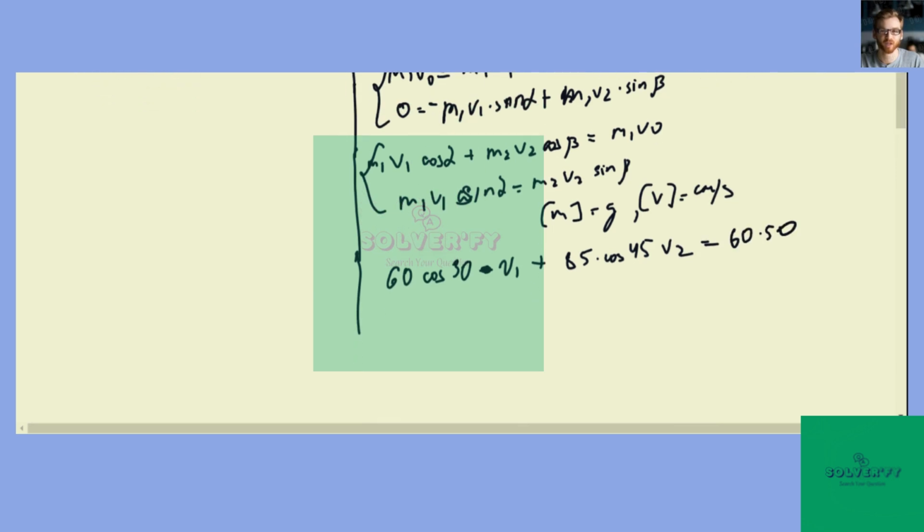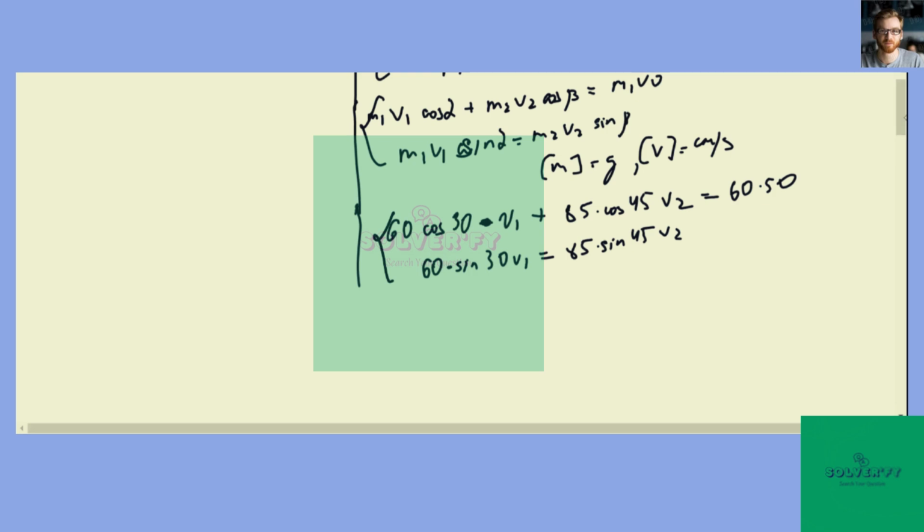And the second equation is 60 times sine of 30 times v1 equals 85 times sine 45 times v2. So let's calculate these coefficients.